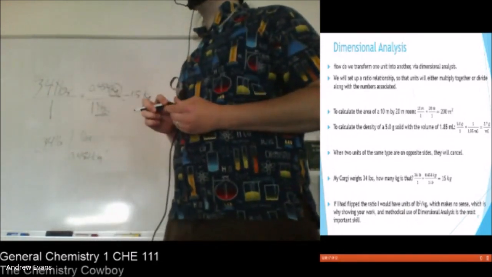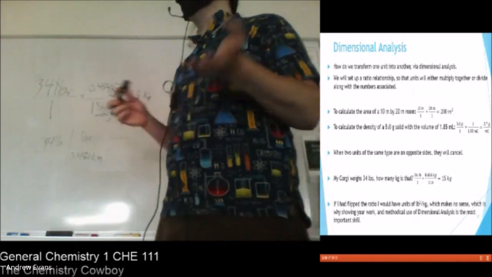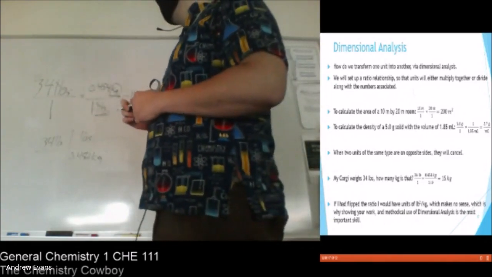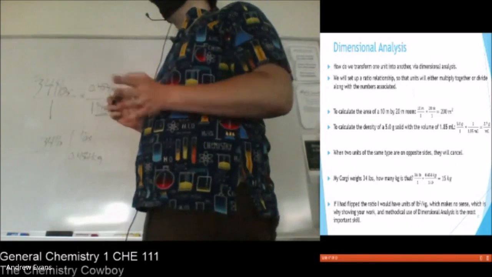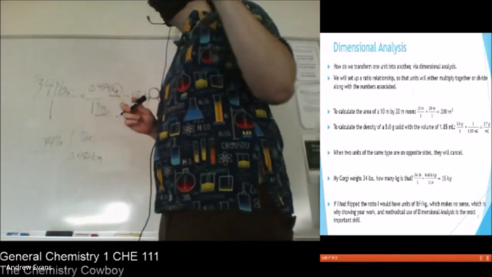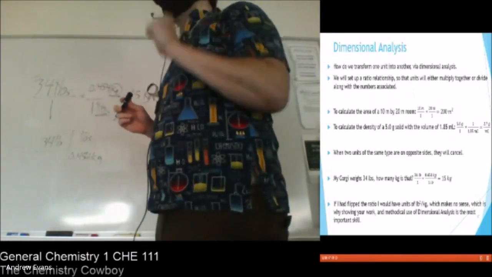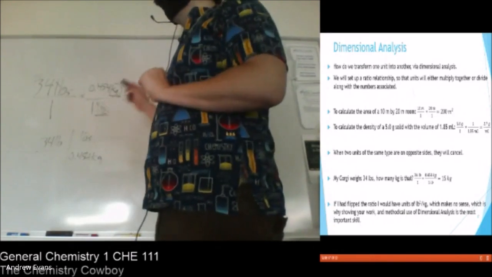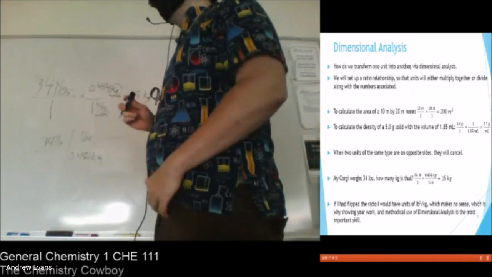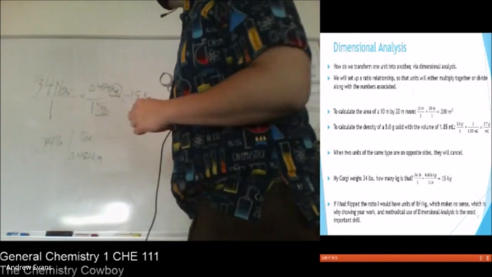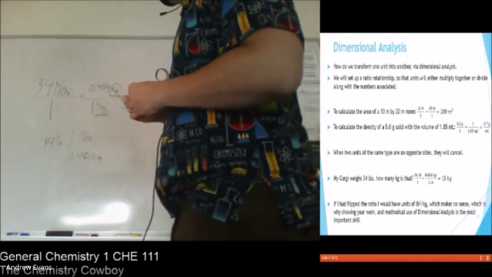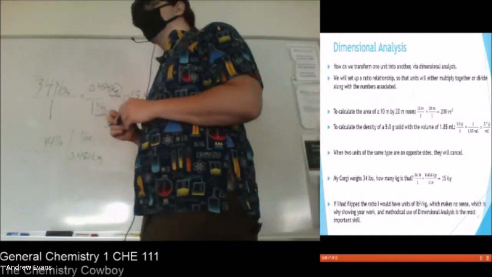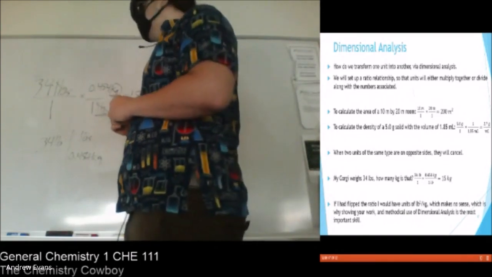We have no way of conceptualizing that. That has no meaning for us. So we can always watch, if we do the dimensional analysis right, the unit we want gone gets gone. The unit we are striving to get ends up in our answer. So we're always going to cancel out units as we move across to the answer.